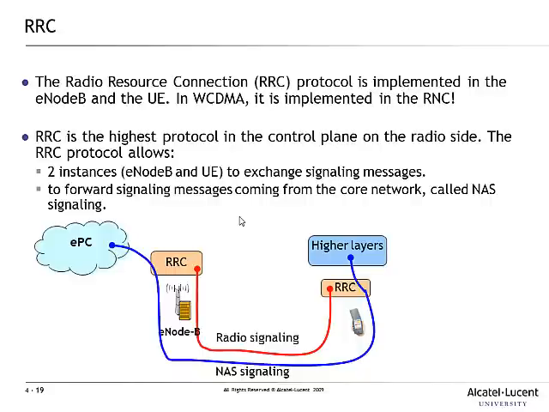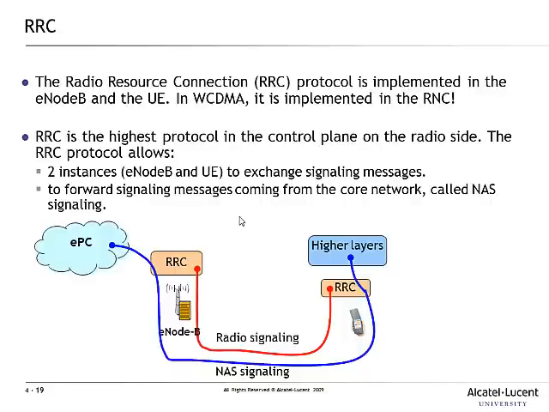So the RRC is the highest protocol in the control plane on the radio side, and what does it do? It allows the RRC layer in the E node B to exchange signaling messages with the RRC layer in the UE.